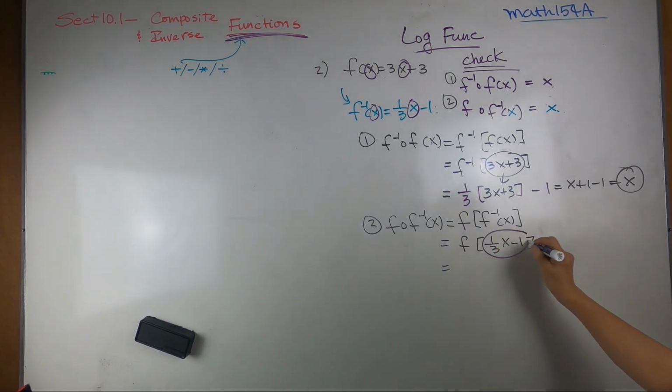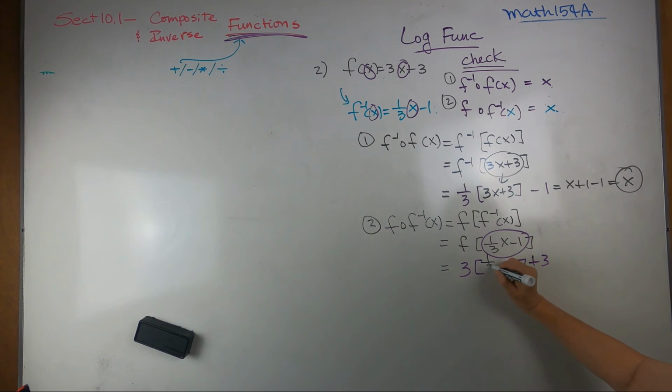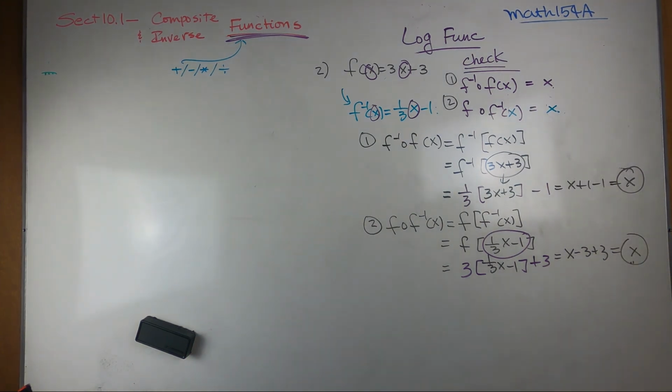So whatever is given, you will multiply by 3, then plus 3. That's what F said. Okay, then it's given this, so you put in here. Then you multiply, that's X. It becomes X minus 3 plus 3, then you get X, you get back. That's how you check. Okay?